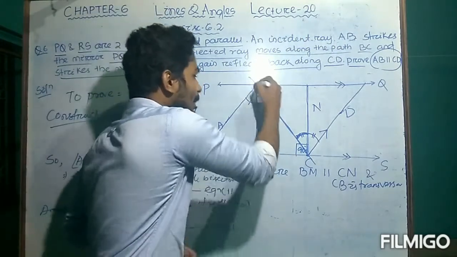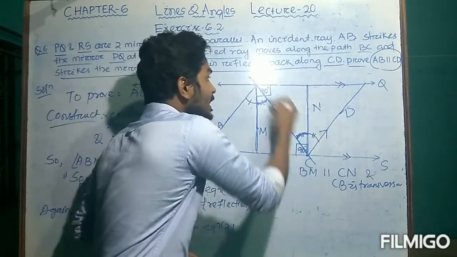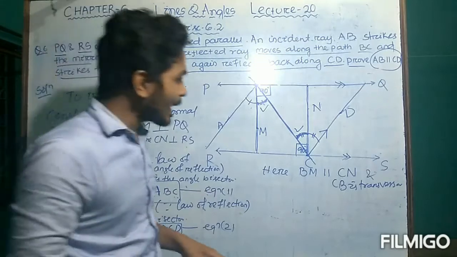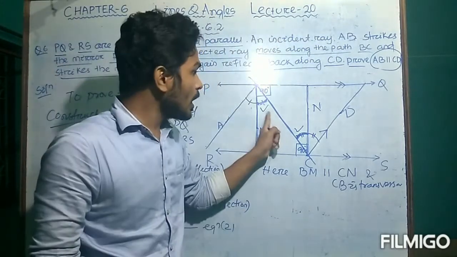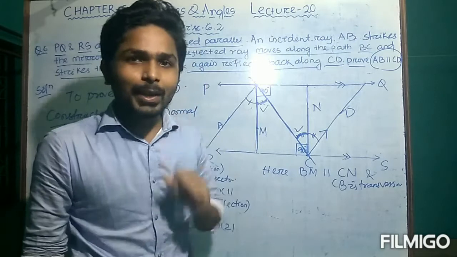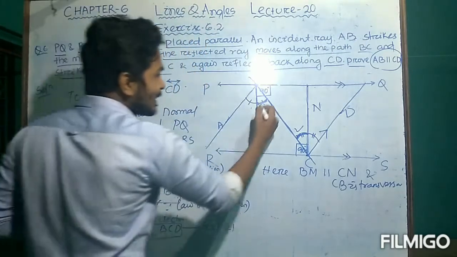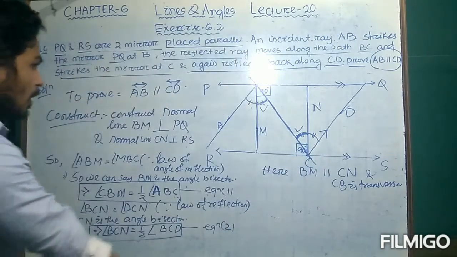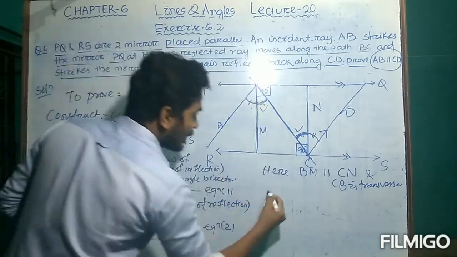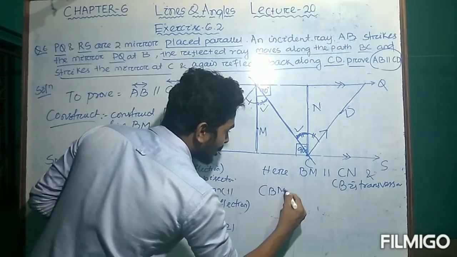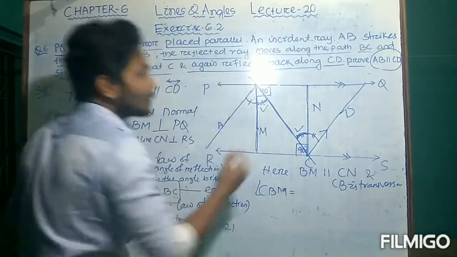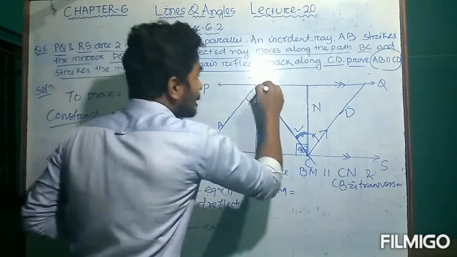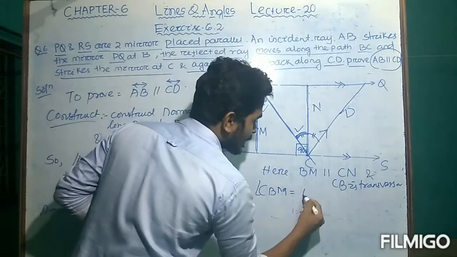This angle, MBC, and NCB are alternate interior angles, and according to theorem 6.2, a pair of alternate interior angles will be equal. So you can write this angle MBC, or CBM, is equal to this angle BCN.